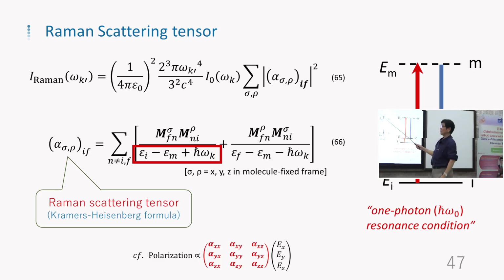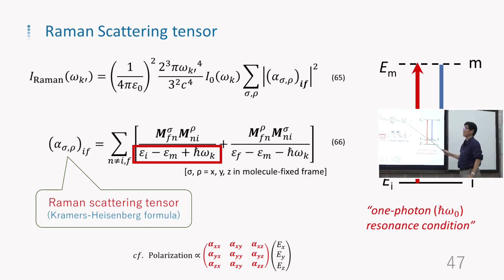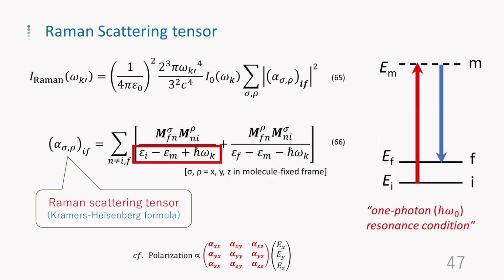The Raman scattering process may be written in this way by introducing alpha. It's the same if we substitute this expression into this part; it is identical with the previous page. So by introducing alpha, we can write Raman intensity in this way. In this case, this part, alpha, is the so-called Raman scattering tensor. This is also known as the Kramers-Heisenberg formula.